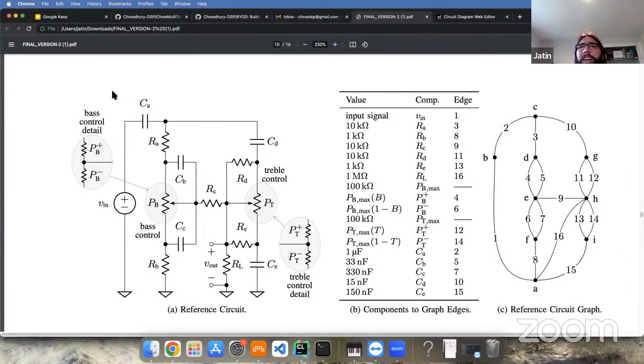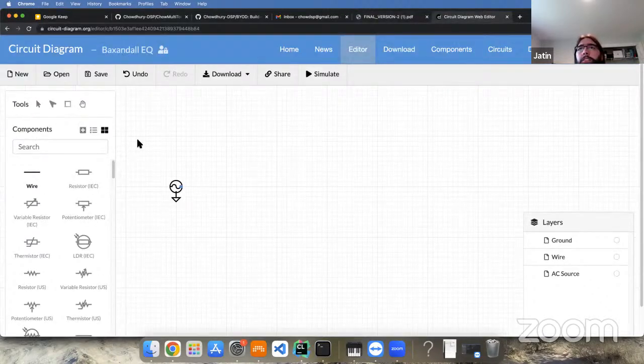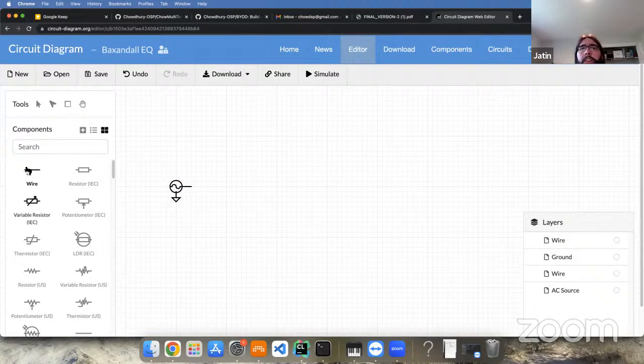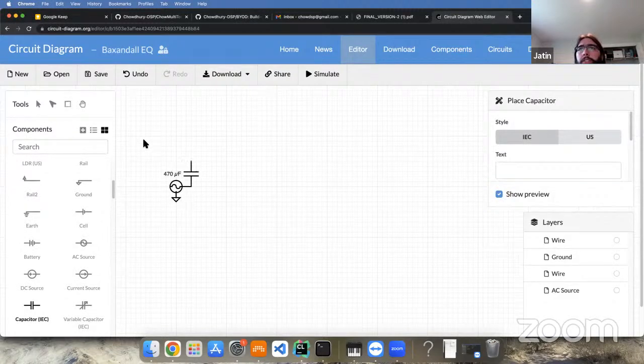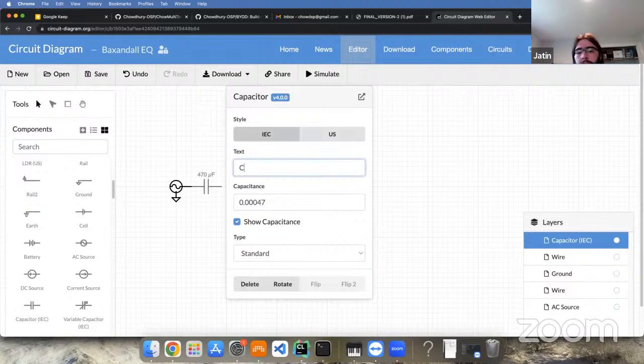All right, so next we have CA, and we've got kind of this two-branch system going down. So let's see. I'm going to do it this way. So I'm going to have a wire coming out from there, and then capacitor. It's this capacitor CA over here.